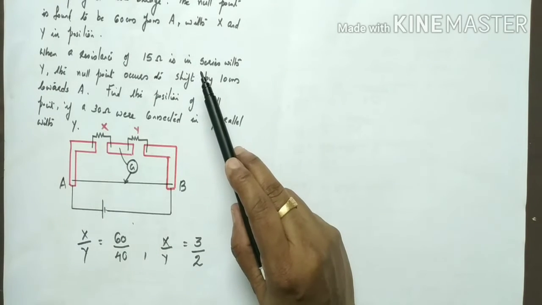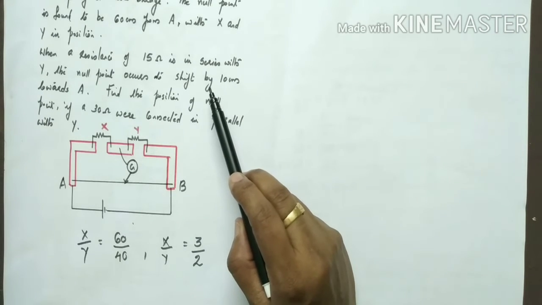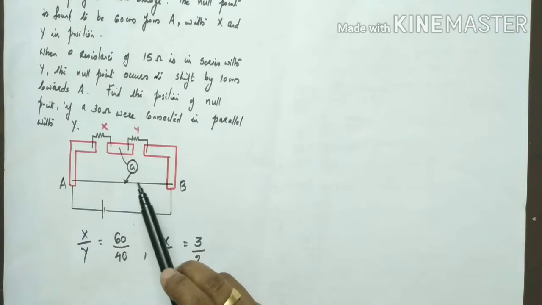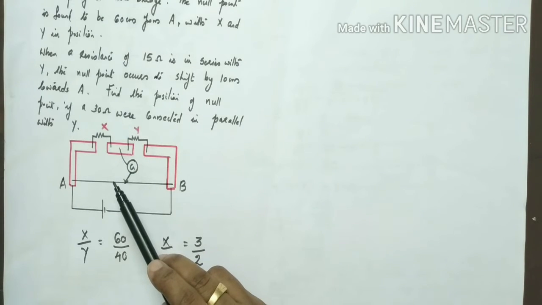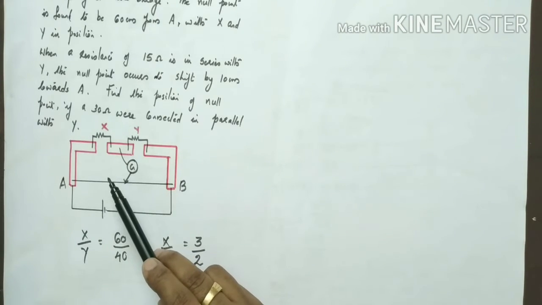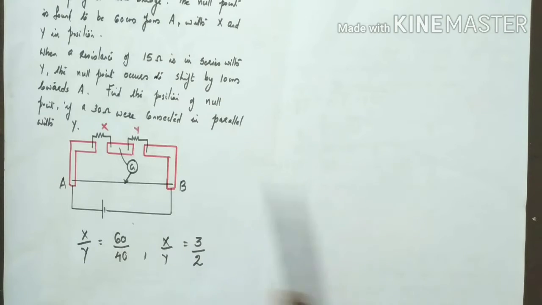When a resistance of 15 ohm is in series with Y, null point occurs to shift by 10 centimeter towards A. So, initially it is 60, now it is shifted by 10 centimeter towards A, means what is the balance length? Balance length becomes 50 centimeter, right.